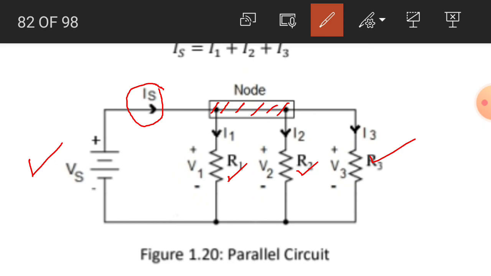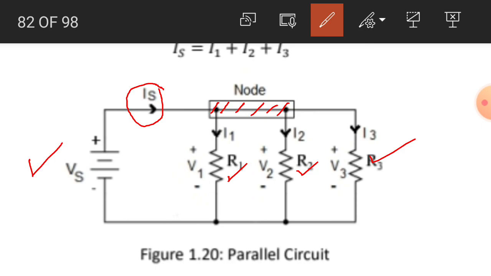So the total current divides into 3 parts at the given junction, at the given node. The current in the resistor R1 is I1, the current in the resistor R2 is I2, and the current in the resistor R3 is I3. The voltage across the resistor R1 is V1, across R2 is V2, and across R3 is V3.